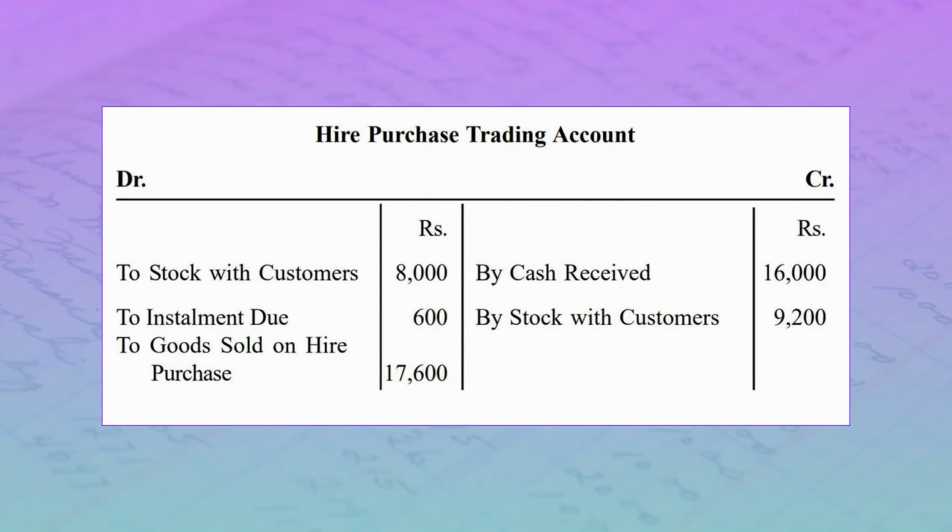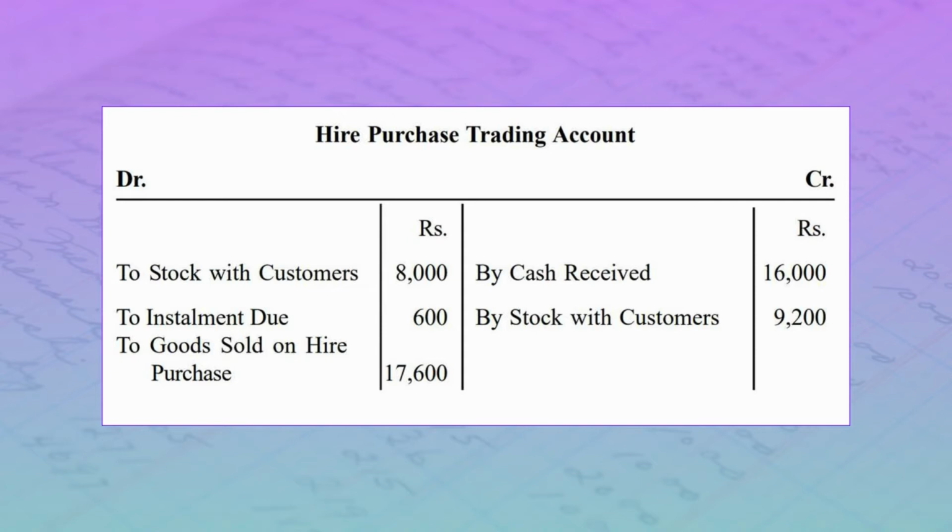Here one item is missing, that is, goods sold on hire purchase 17,600. It is also provided, but it has not been mentioned here. It is a printing mistake, a typographical mistake. So here is the hire purchase trading account.